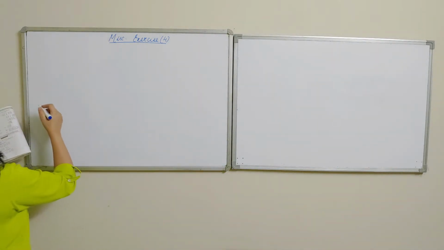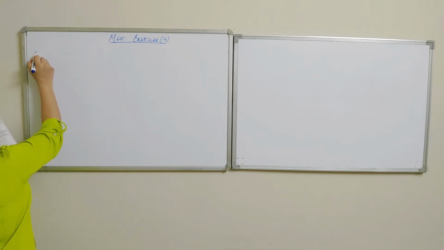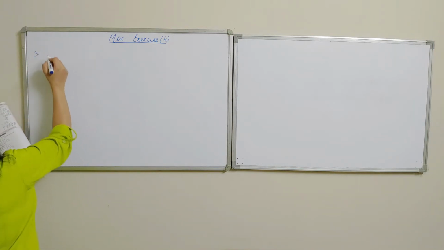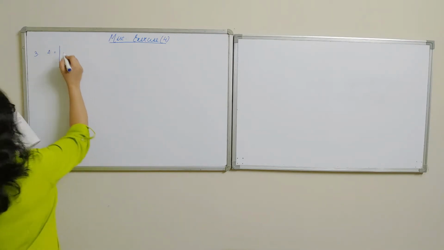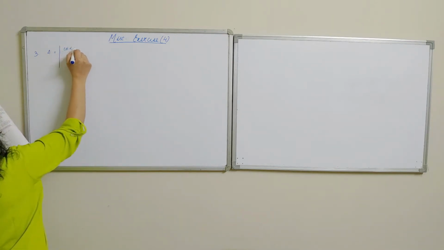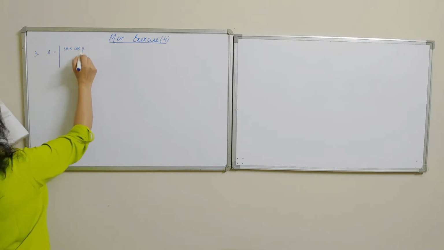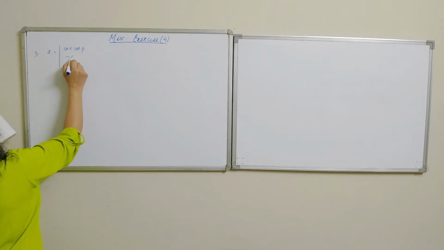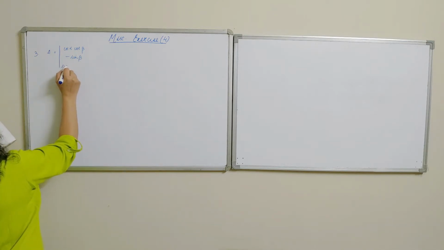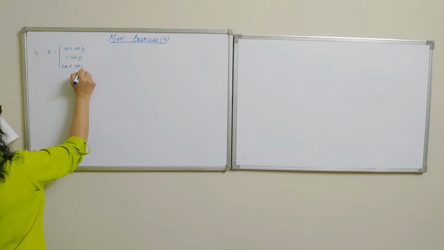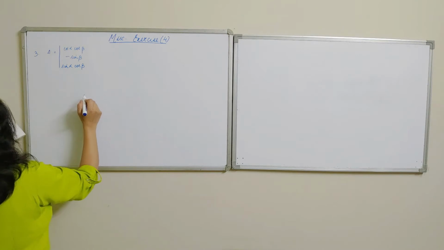So next we are doing here question number 3. Evaluate this determinant. So the determinant is delta, and it is cos alpha cos beta, minus sin beta, sin alpha cos beta.